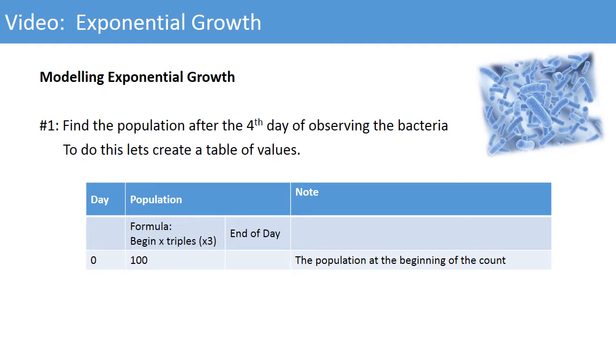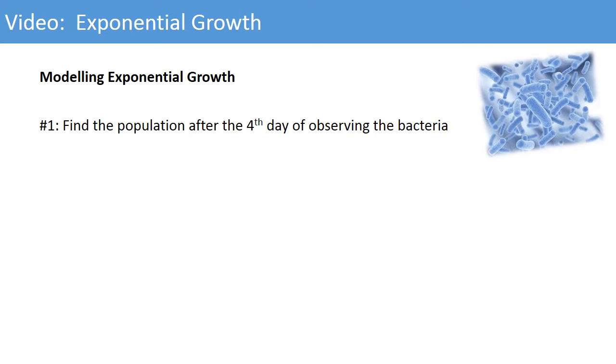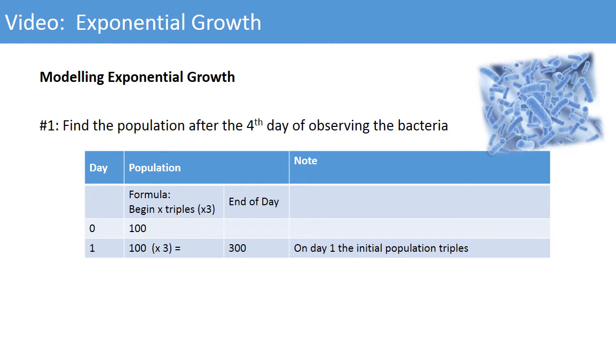So, for the population, we begin with 100 and we know that it triples by 3 at the end of the day. So, if we look at day 1, we know that 100 bacteria times 3 would equal 300.